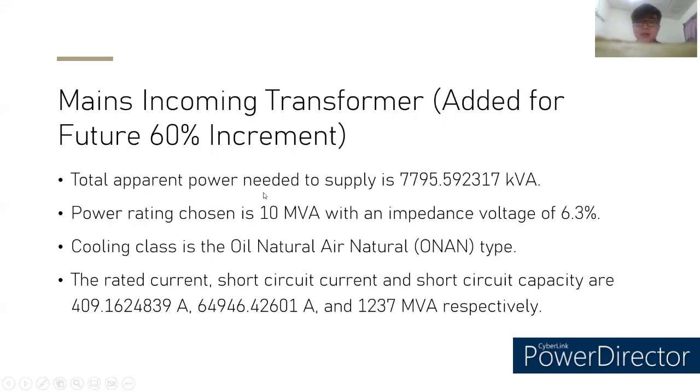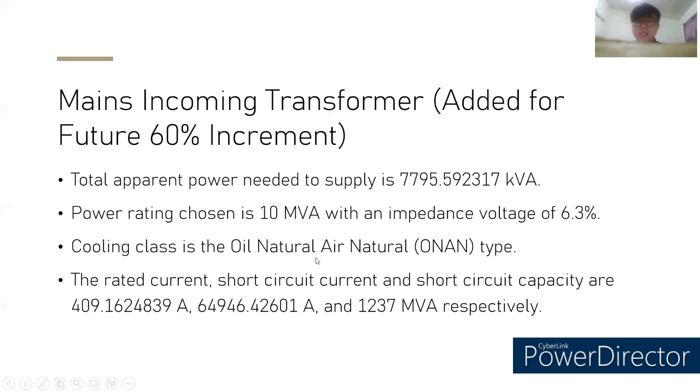Hence, our group decided to add a mains incoming transformer, which would be supplying 7,785.59 kilovolt ampere. The power rating chosen is 10 megavolt ampere with an impedance voltage of 6.3%.